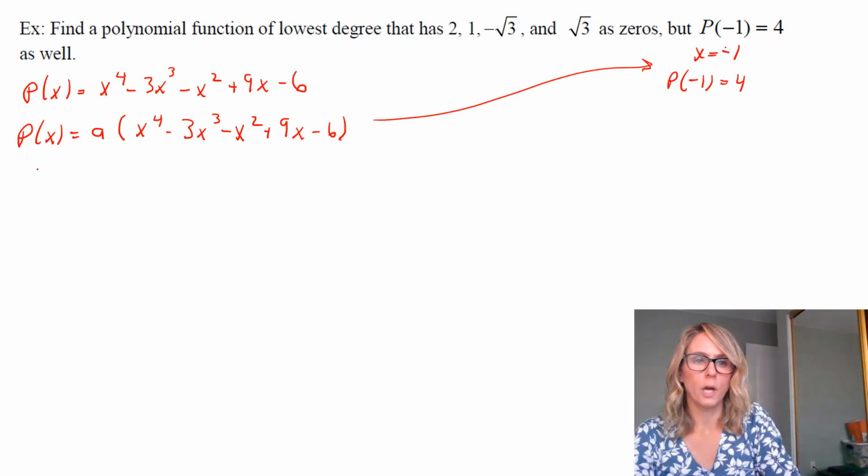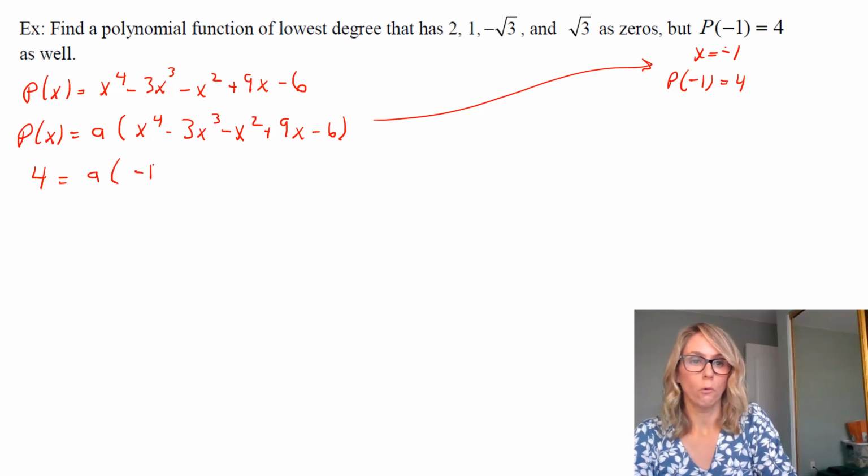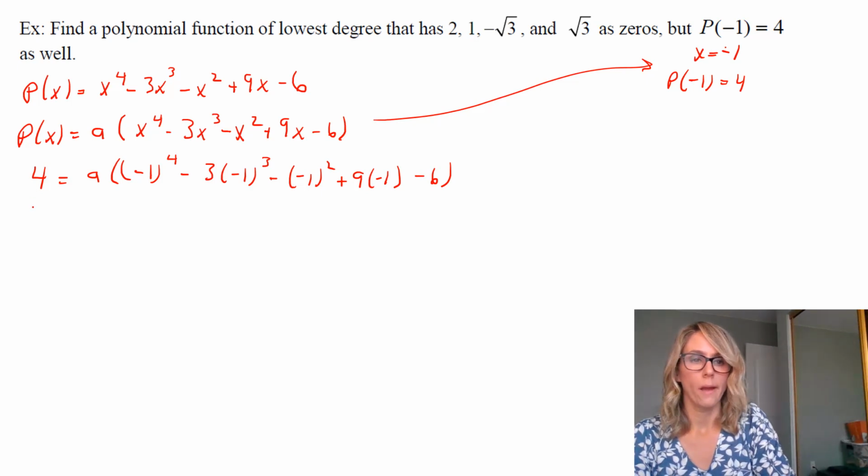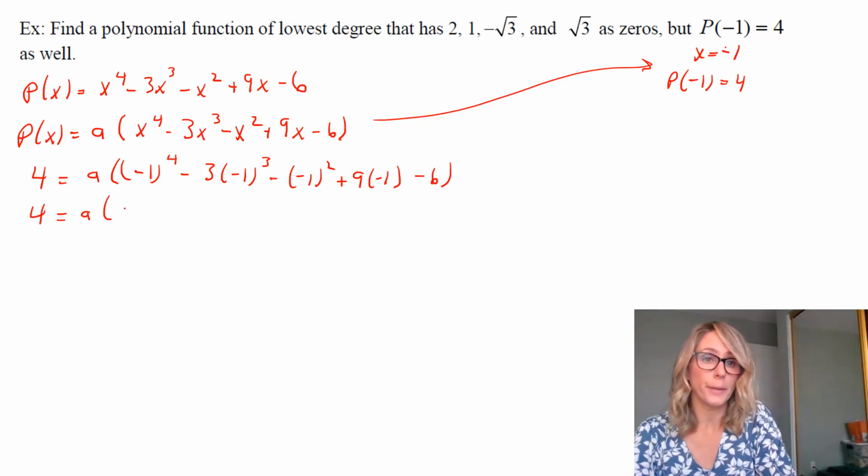So we know that out should come 4 when x is -1. So we simply plug in a -1. So then we have +9, -1, -6. And then we just evaluate this. It's just a number.